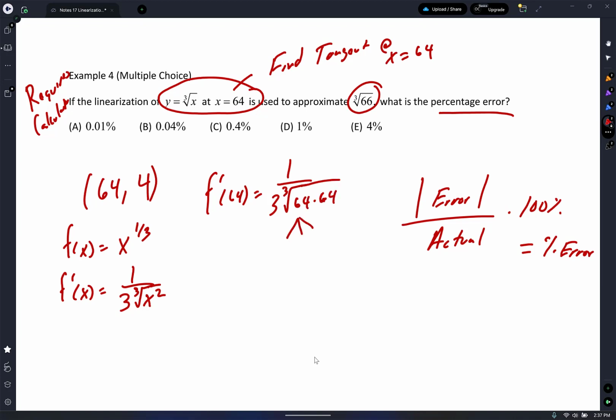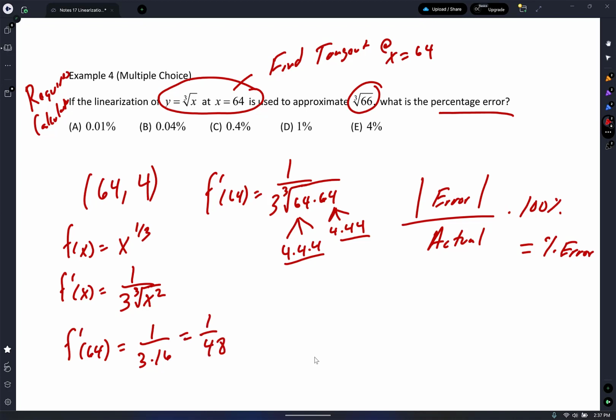Well, that we already said was 4. And this one is also 4. 4 times 4 is 16, and 16 times 3? 16, 32, 48.